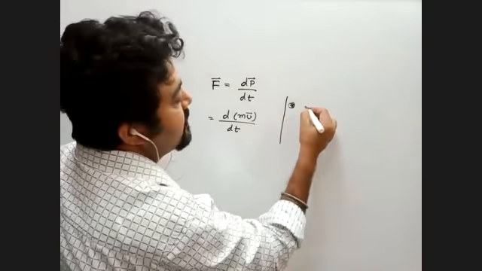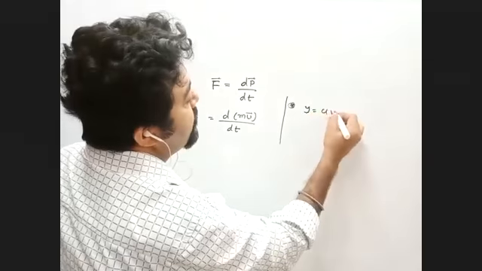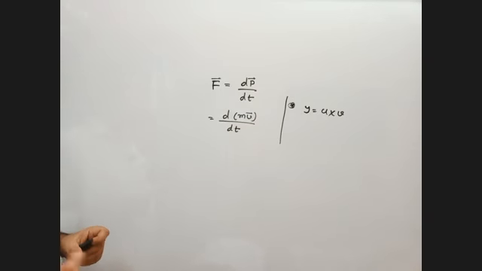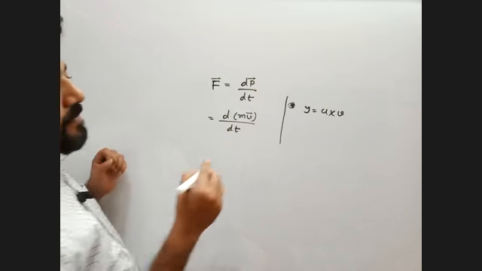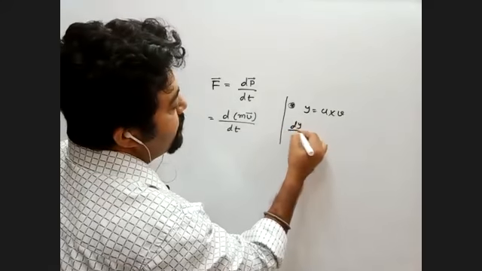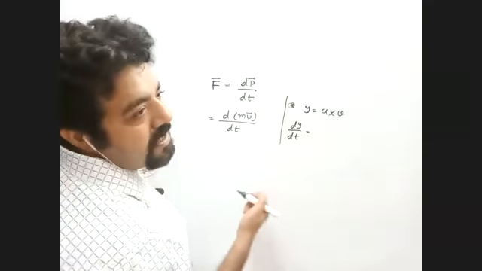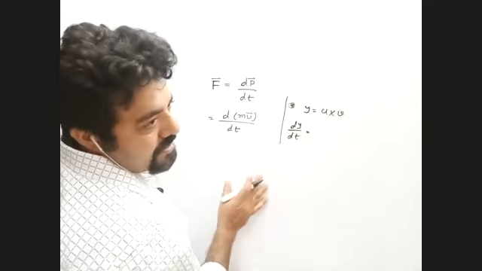Now the next stage of differentiation: if you find y equals u into v, u is one variable, v is another variable, and their multiplication form, and if you want to differentiate y with respect to time, now u is also variable, v is also variable, how do you differentiate that?